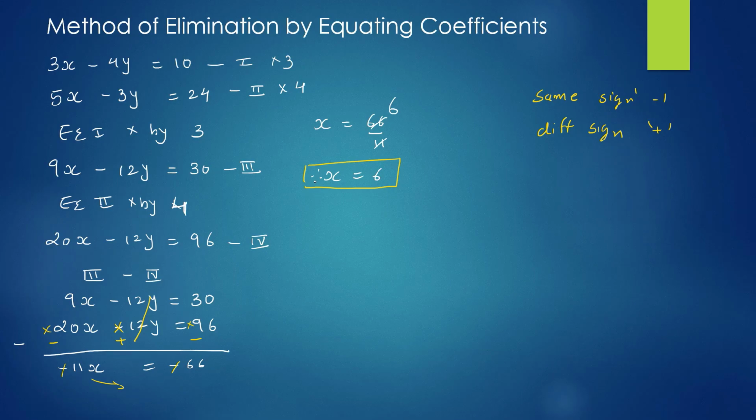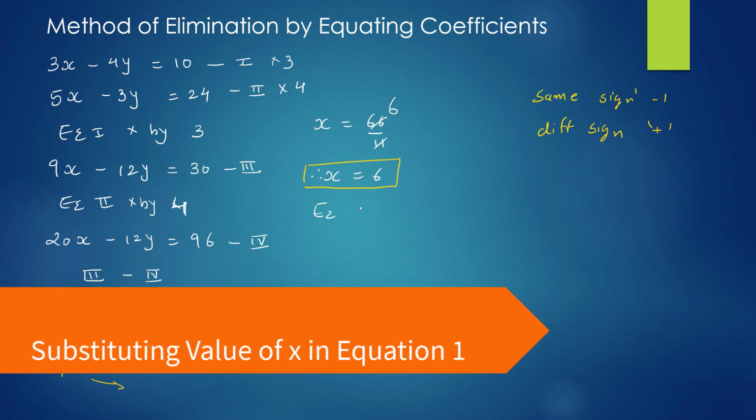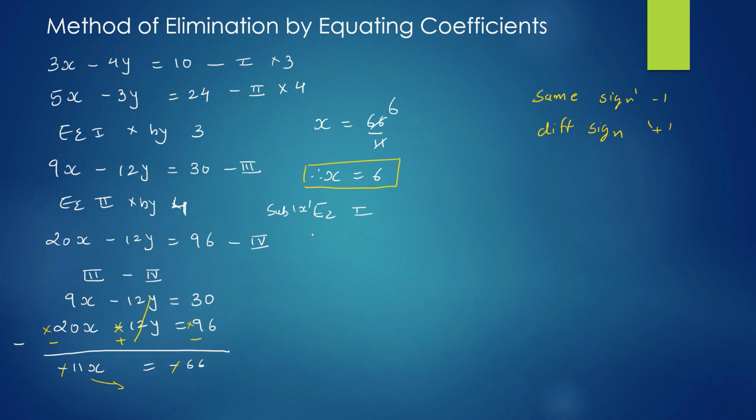Now we will substitute in equation either 1, 2, 3 or 4. The answer for y will be the same. We will substitute in equation 1. Equation 1 is 3x minus 4y is equal to 10.